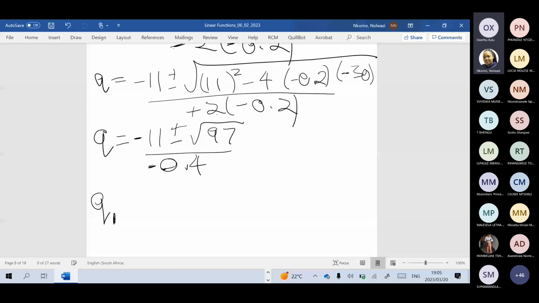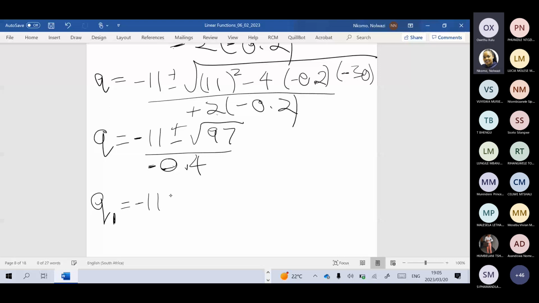The next step is to take these Q values and substitute them back into your equations to get the corresponding values when Q1 is that value and Q2 is that value.